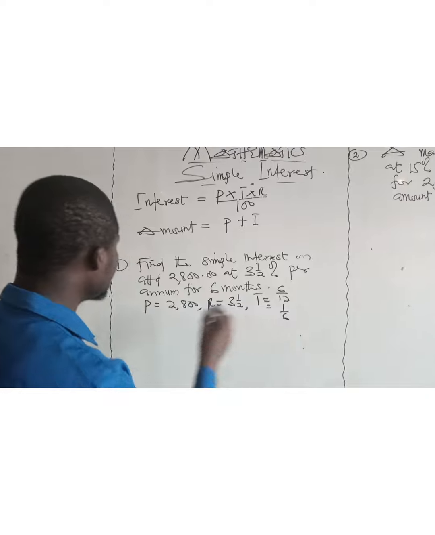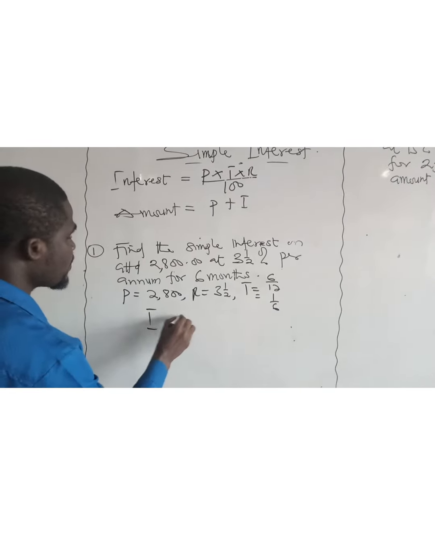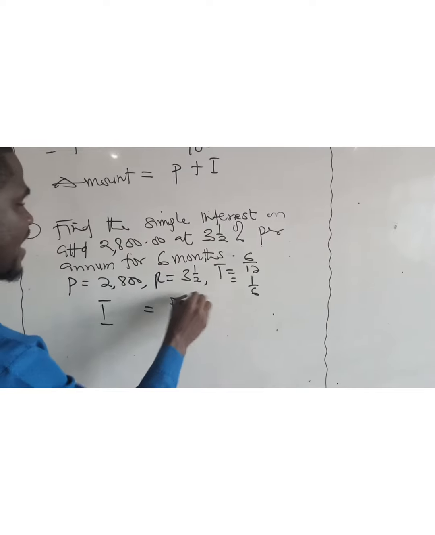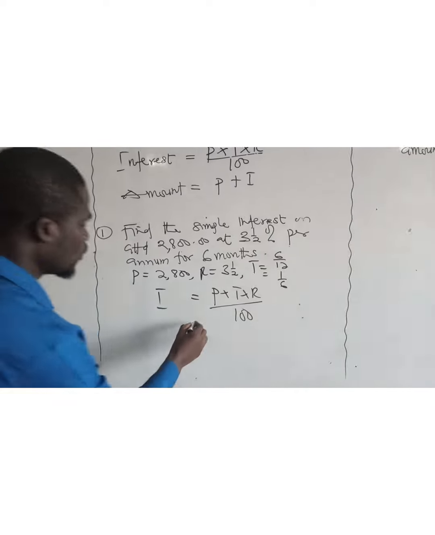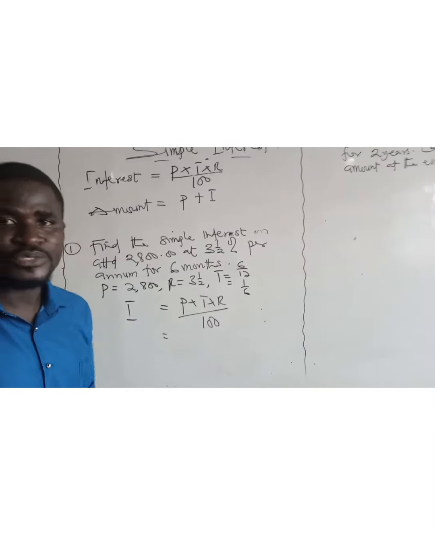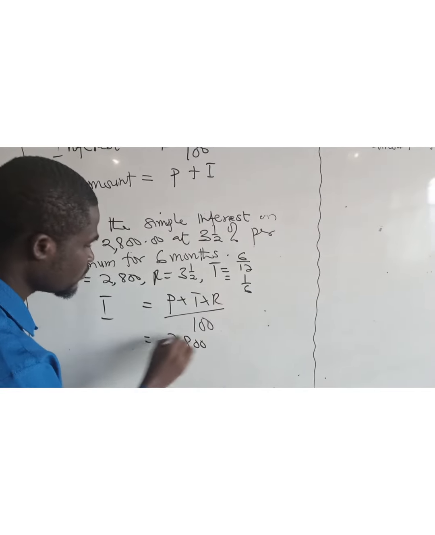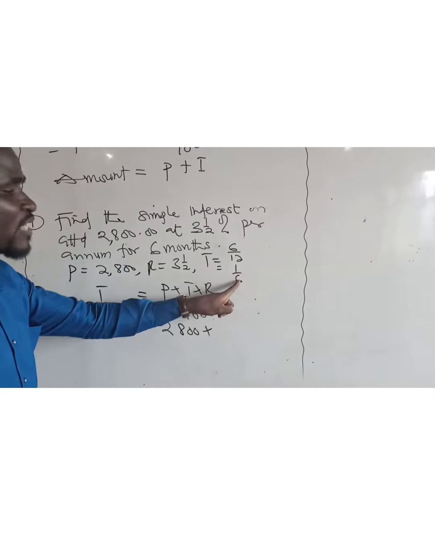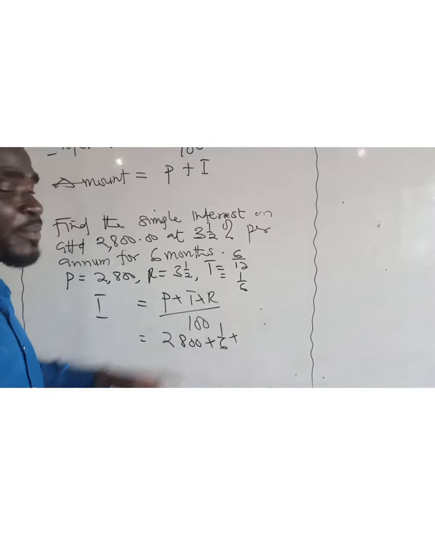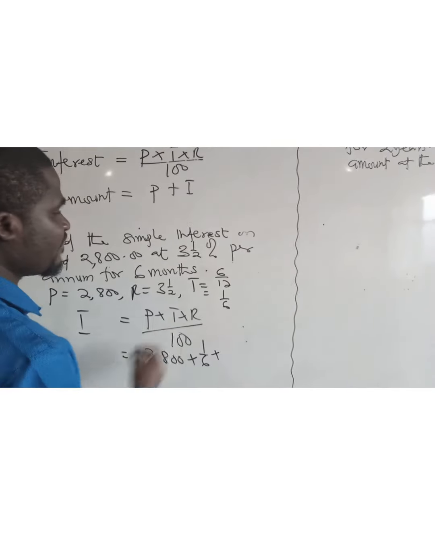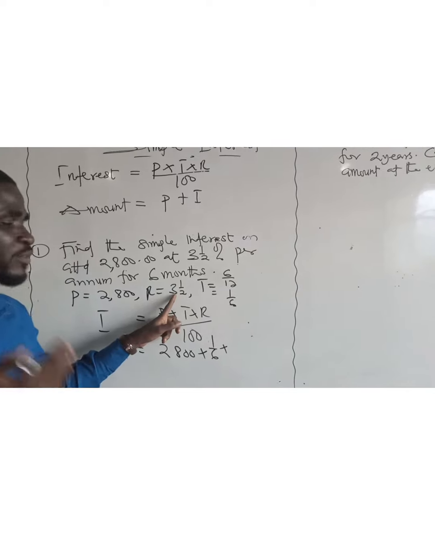Good. Now let's quote our formula. So interest is equal to principal times time times rate all over 100. Good. Let's put in the values. Principal is 2,800. Time is 1 out of 6. Rate is 3.5. So 3.5, change it to improper fraction, or you can write 3.5.